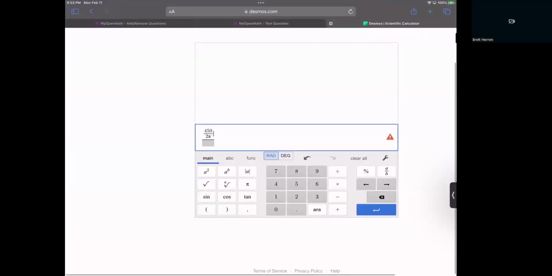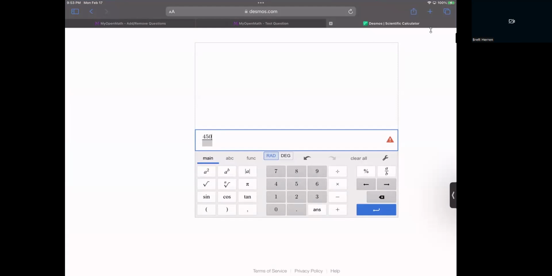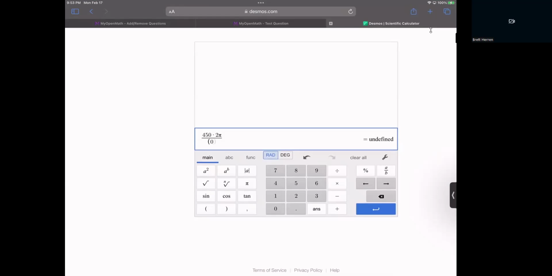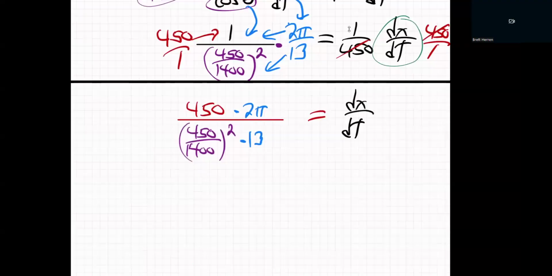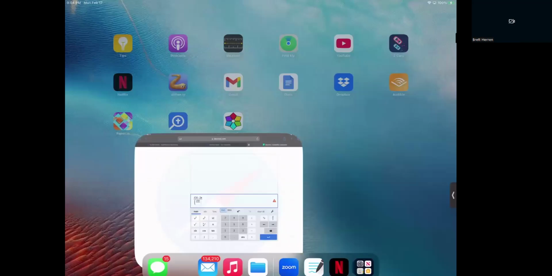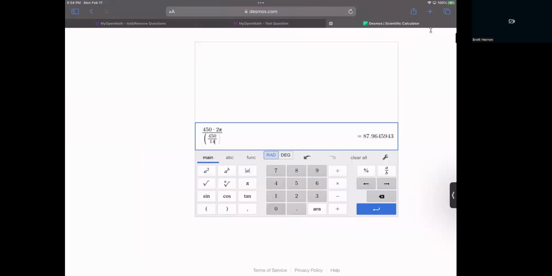Okay. Oh boy. Times 2 pi over parentheses 450. Okay, come on. What is it? I can't remember already. 450 over 1400 squared times 13. I think I've got it right.